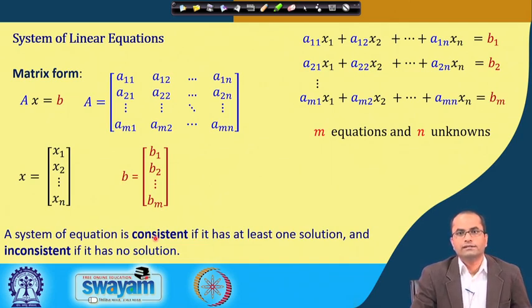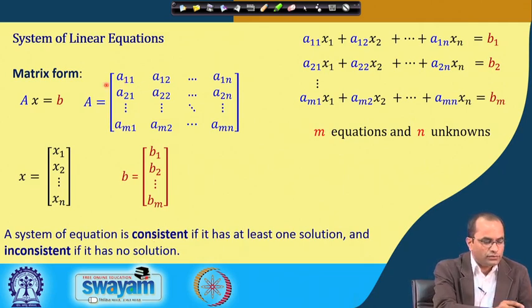One, the system does not have a solution at all. The second, it has a solution and it is unique. The third, it has solutions and they are infinite in number, so infinitely many solutions. These are the three possibilities for a system of linear equations we will observe, and we will also look at their interpretation.